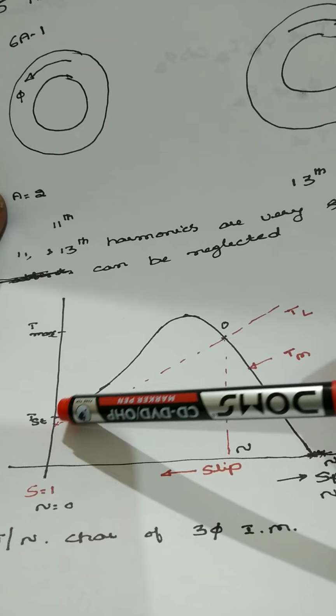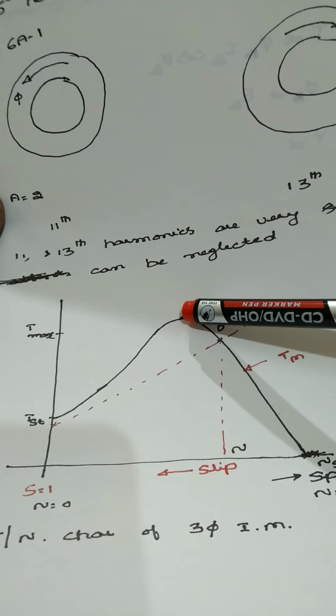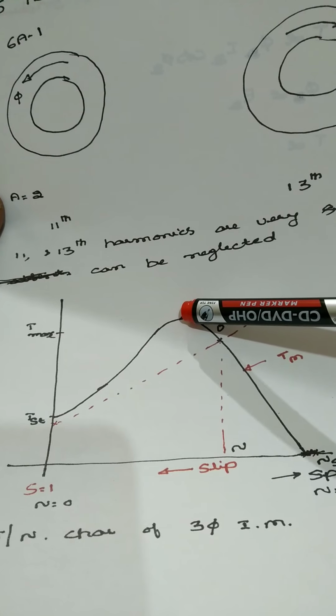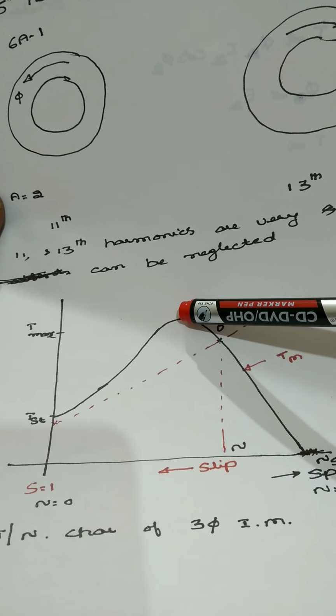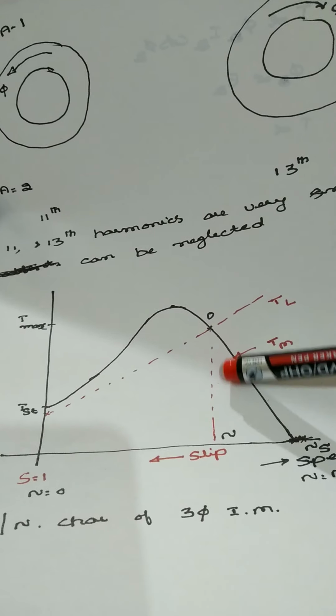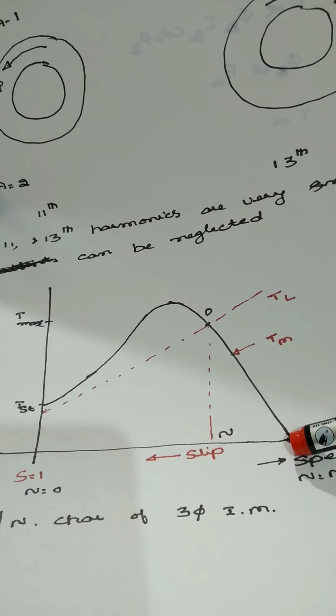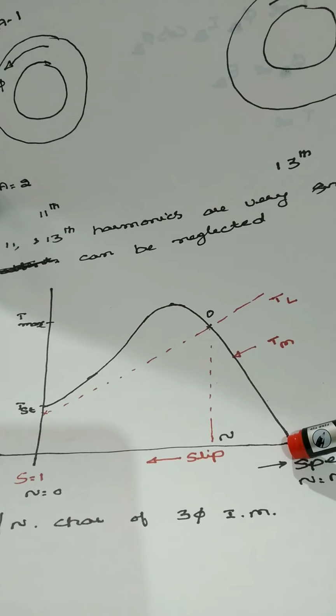Here torque is inversely proportional to slip. Then after it reaches the maximum torque, the torque is directly proportional to slip. As slip decreases, torque also decreases, and when slip is 0, torque also becomes 0.